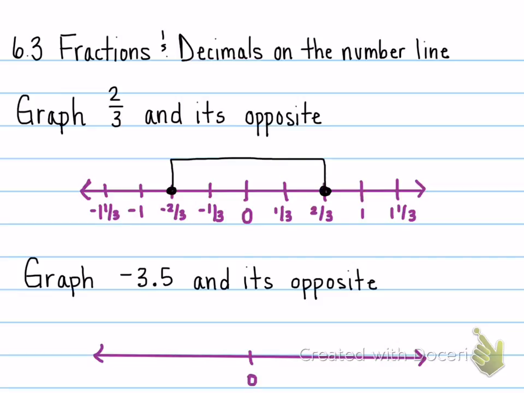If I go 0 here, and I have negative 0.7, negative 1.4, negative 2.1, negative 2.8, negative 3.5.